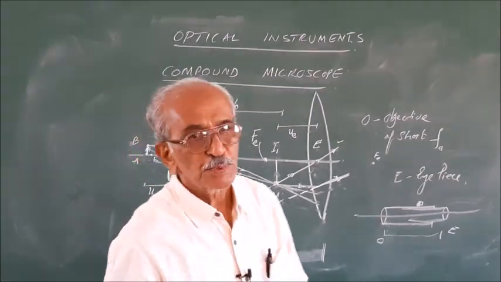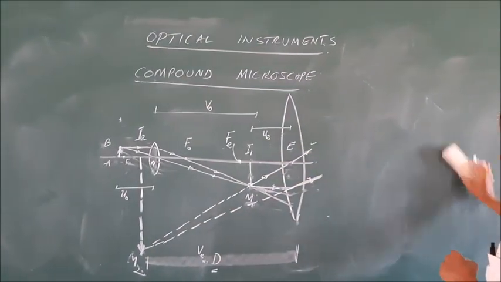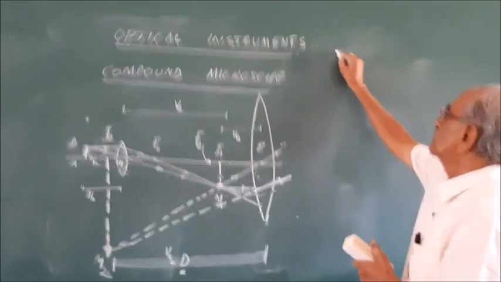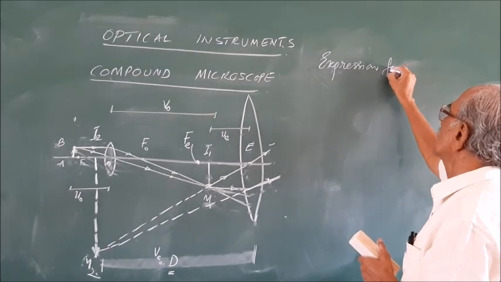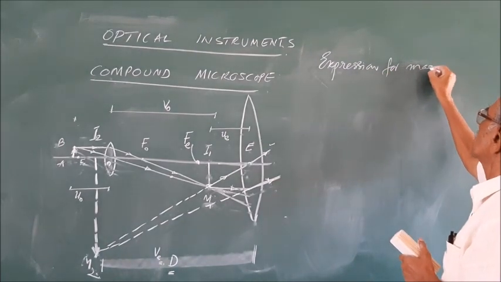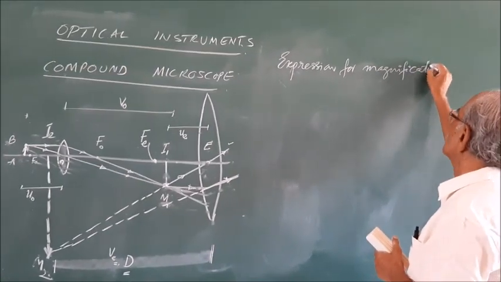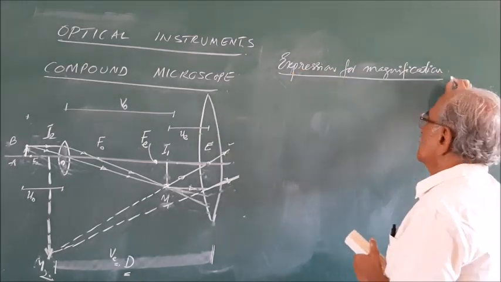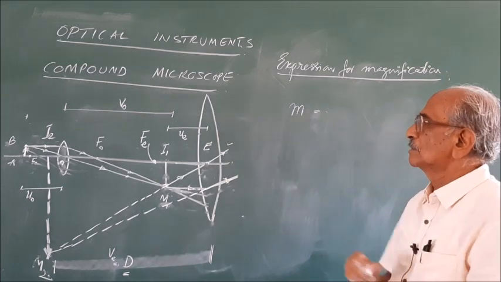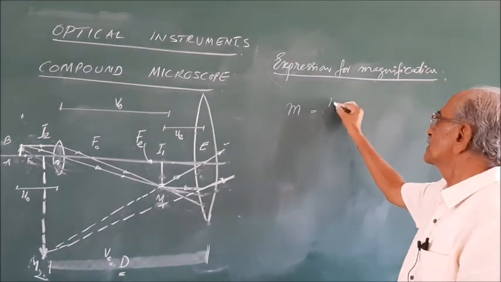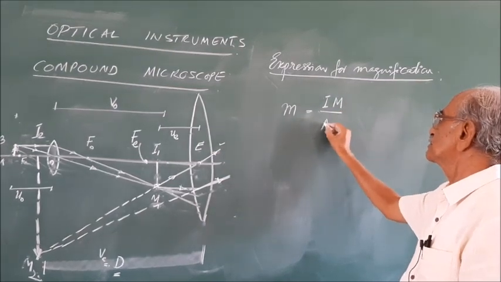We will obtain an expression for the magnification produced by a compound microscope. Now, magnification by definition is the size of the image over the size of the object.